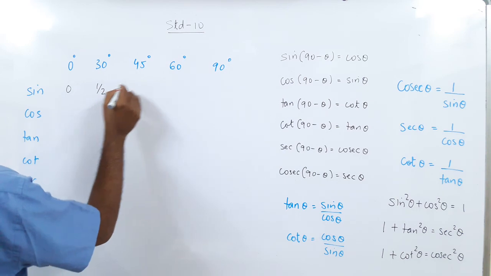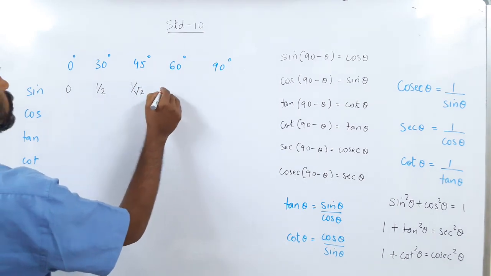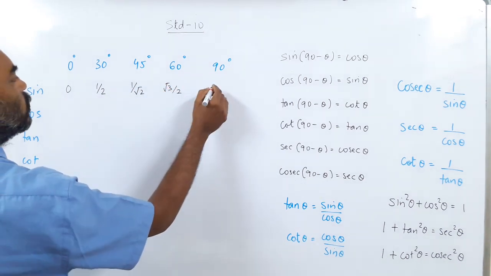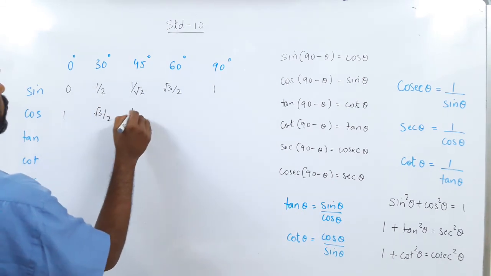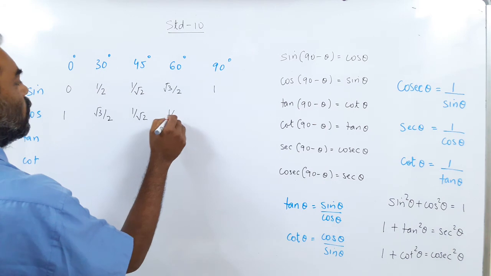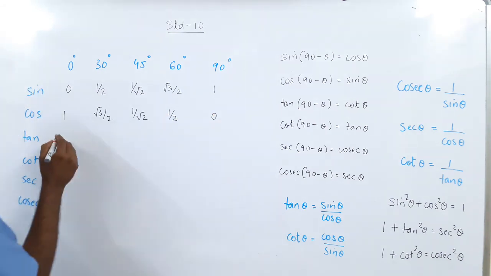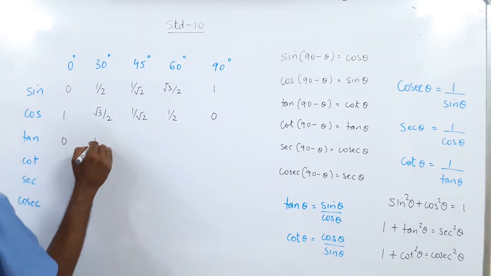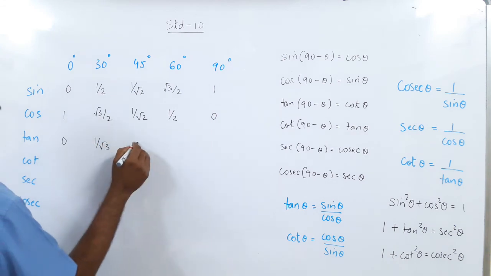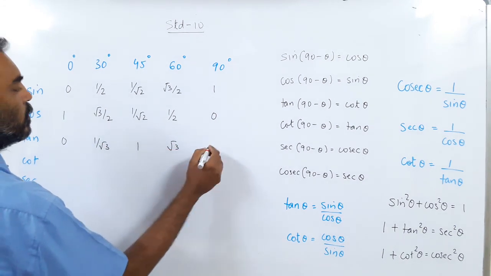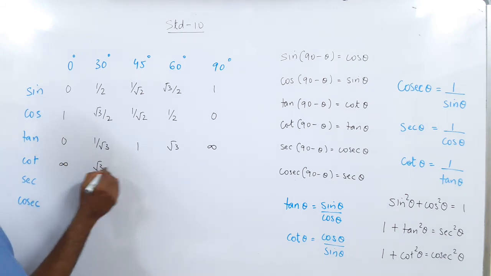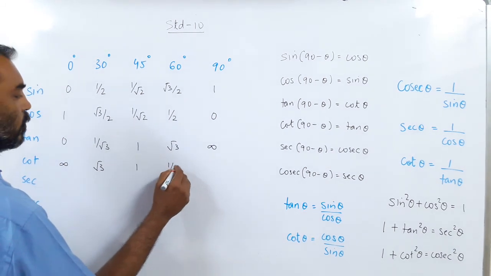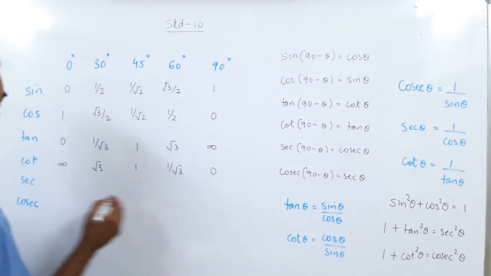0, 1 by 2, 1 by root 2, root 3 by 2, 1. Then 1, root 3 by 2, 1 by root 2, 1 by 2, 0. Then 0, 1 by root 3, 1, root 3, not defined. Then not defined, root 3, 1, 1 by root 3, 0.